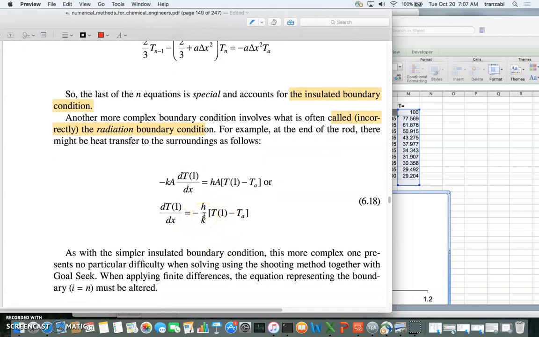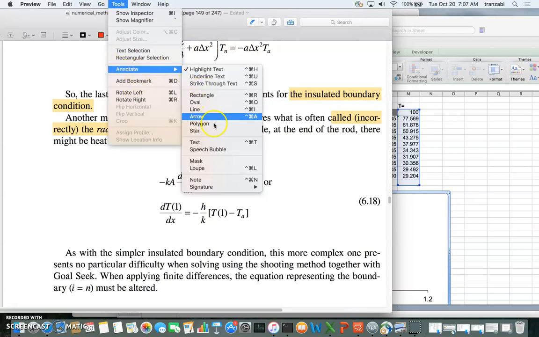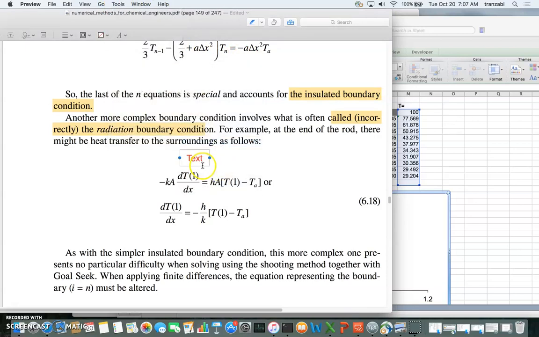minus h over k times (T1 minus Ta), right? And then we group all the coefficients. Let's write this down and see how it's going to be.